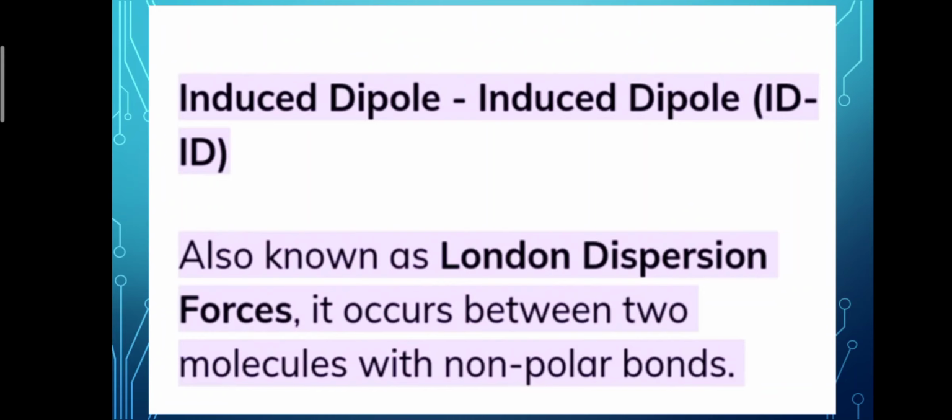Induced dipole. It is also known as London dispersion forces. It occurs between two molecules with non-polar bonds.